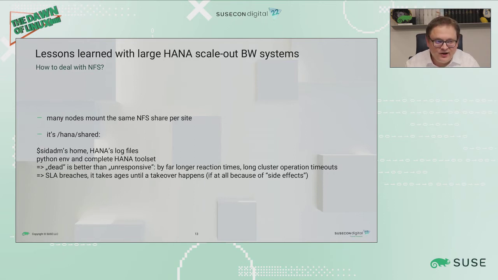This means that we need some mechanism to tell the cluster that the NFS share is gone.